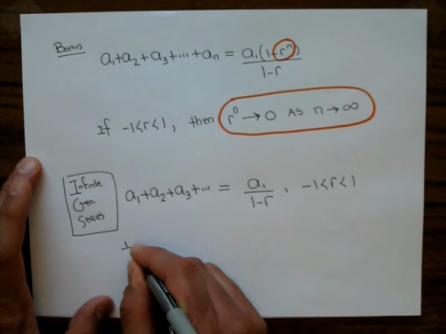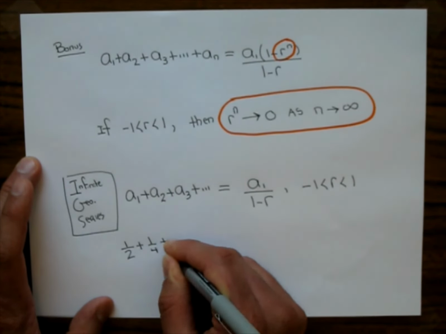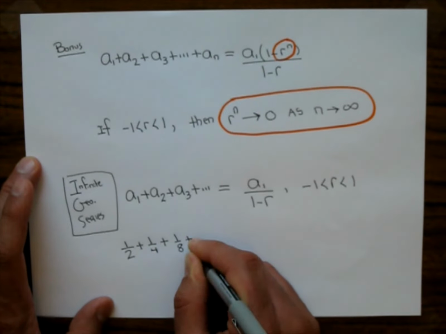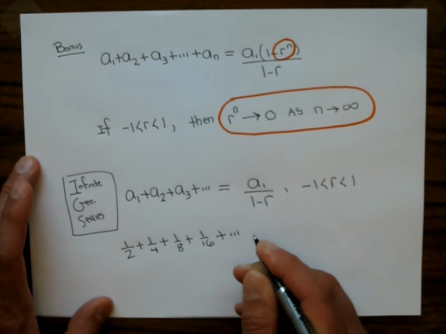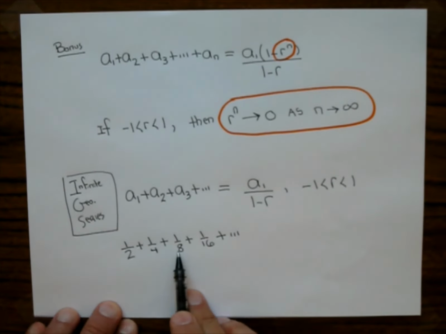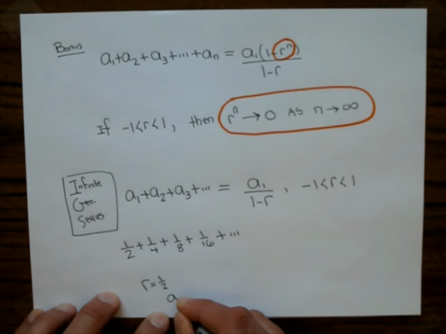You'll be adding things that look like this: 1/2 plus 1/4 plus 1/8 plus 1/16. So this is an infinite geometric series where r is 1/2, and a1 is also 1/2.